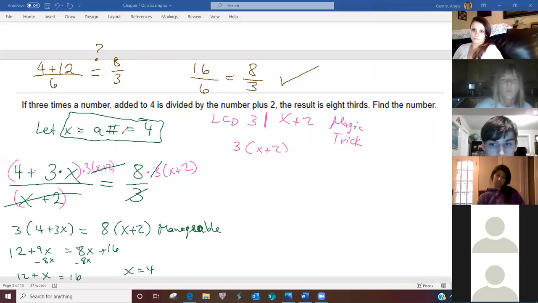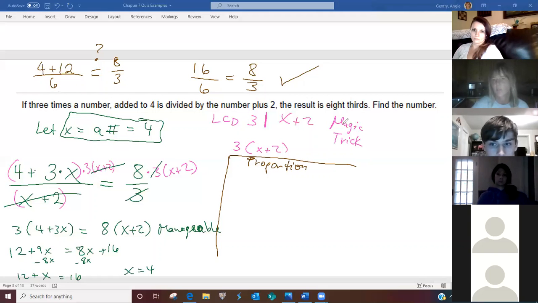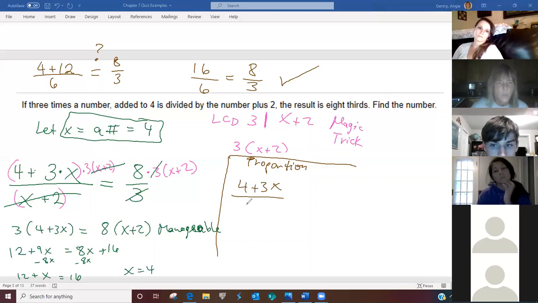Anyway, we're going to do some distance, rate, time problems, and there you will learn this is a proportion, so we can use that there. I just really like the magic trick because it'll work on those crazy problems. But in this case, what did you have? You had this thing. This was your original, yes?